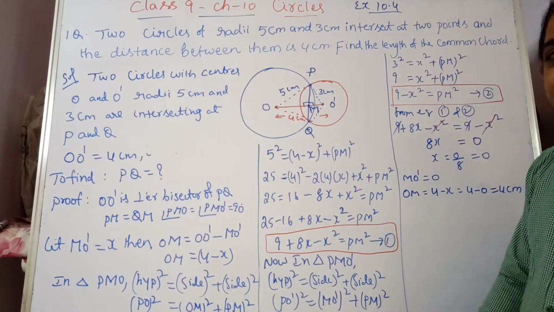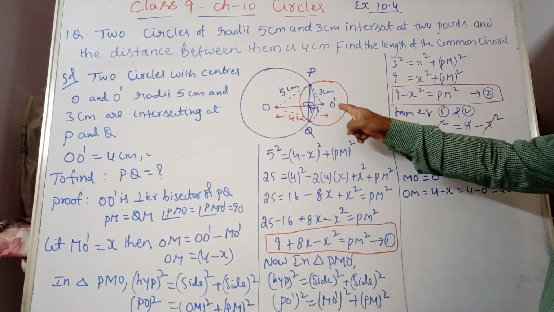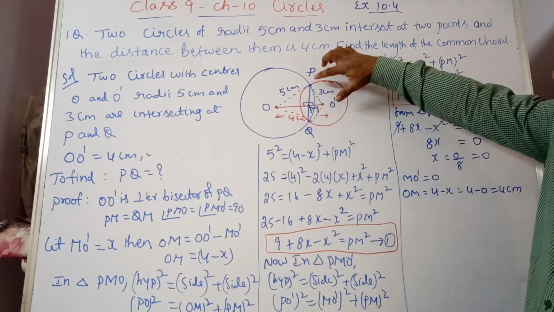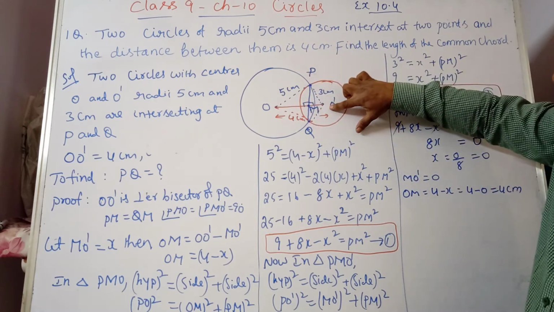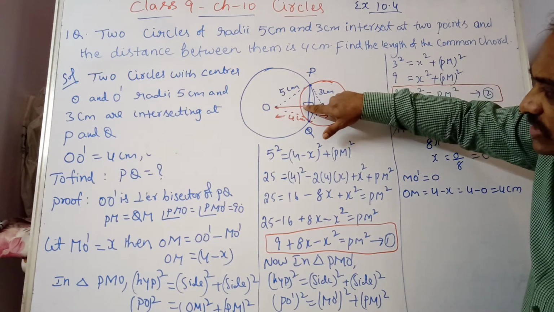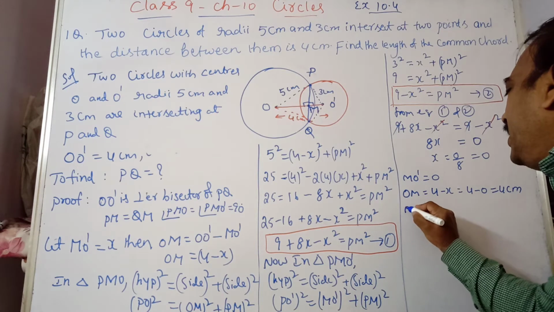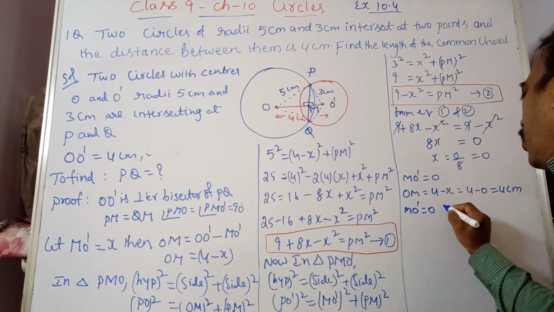What is the meaning of that? That means O' is coinciding with M. You see, PO' is 3 centimeters. This O' is coinciding with M, meaning MO' is equal to 0.